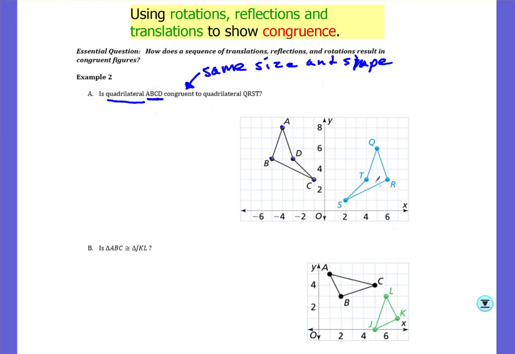So let's go ahead and take ABCD and let's strategize here. We've got three things in our tool belt to work with. We could rotate, we could reflect, and we could translate. So we definitely probably got to translate, but first, if you look at this, this looks kind of like a mirror image. So I'm going to do the easiest reflection of all, which is just reflecting across an axis.